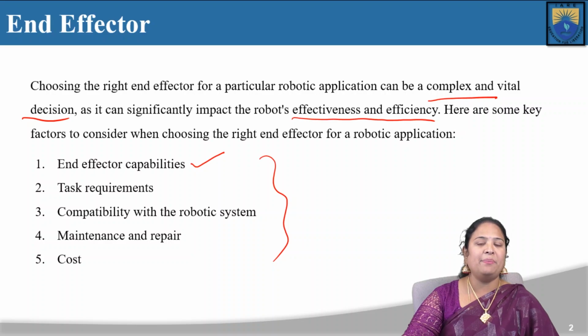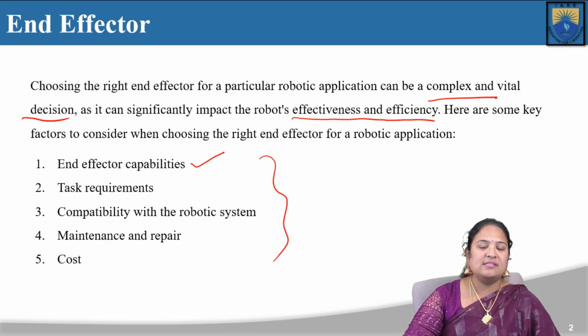The robot's wrist should be capable of lifting a certain amount of load to hold or move objects from one place to the other. We have to design or choose an end effector in such a way that it will be capable of lifting heavier loads which a human cannot.